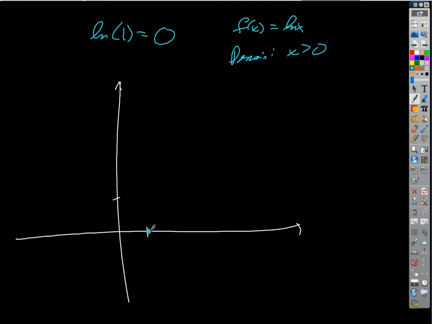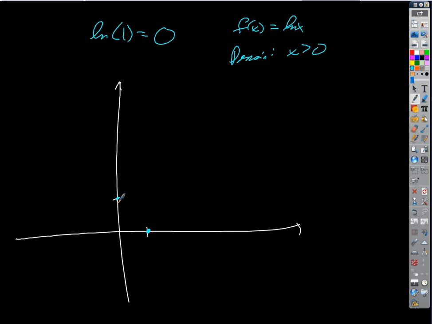So this is a log function. We know it goes through that point. Exponential, you told me it does this kind of thing, right? So it's asymptotic on the negative x-axis. Everybody agree? Then it goes through the y-axis and just increases exponentially. What point does it go through on the y-axis? 1. It goes through (0, 1), doesn't it?